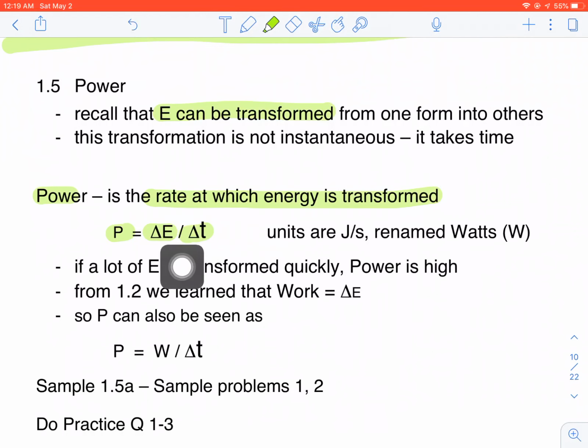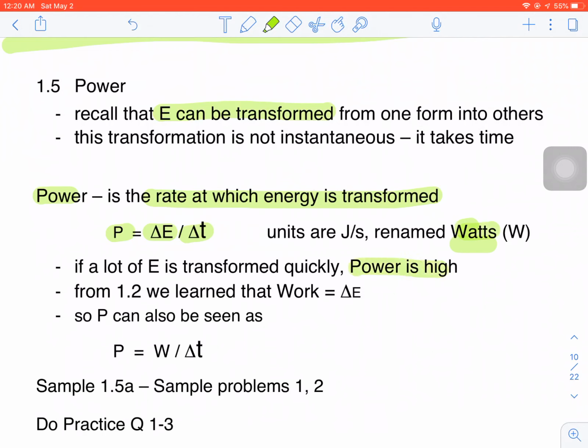How many joules are transformed per second? Because our units are joules per second, we're going to name this after another famous physicist, and our new units are going to be called watts. So 1 watt means 1 joule of energy is being transformed per second.